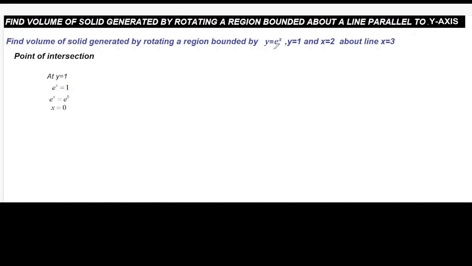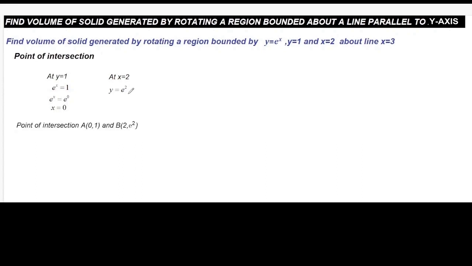Now if we consider the second pair, that is y is equal to e to the power x and x is equal to 2, and we substitute x equal to 2 into y is equal to e to the power x, then we get y is equal to e squared. So we have two pairs of values. One pair gives us 0, 1 and the second pair gives us 2, e squared.